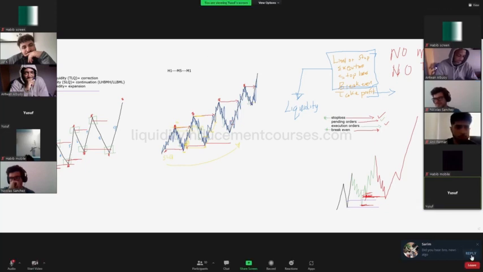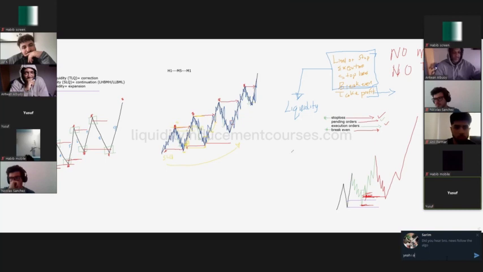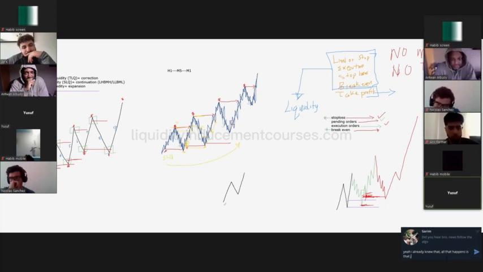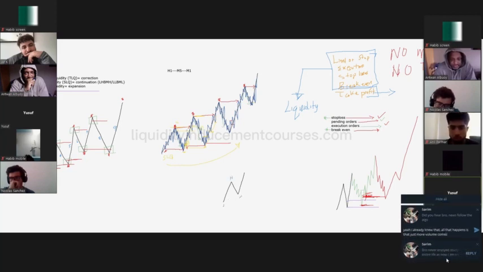Now, when you are in an uptrend, you have higher high, higher low, higher high. Inducement liquidity is always sitting, this is a low, this is a high, this is a higher low, and this is a higher high.